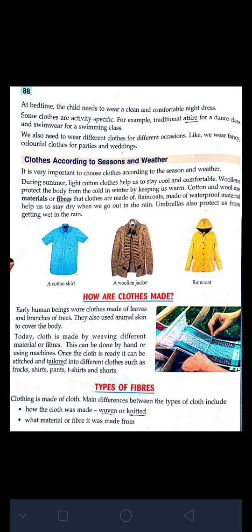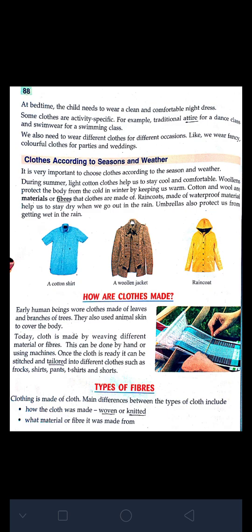Some cloths are woven and some cloths are knitted, जिनकी धागे से वो knit किए जाते हैं, and they are made up. And which type of material or fiber is used to make that cloth depends on that.